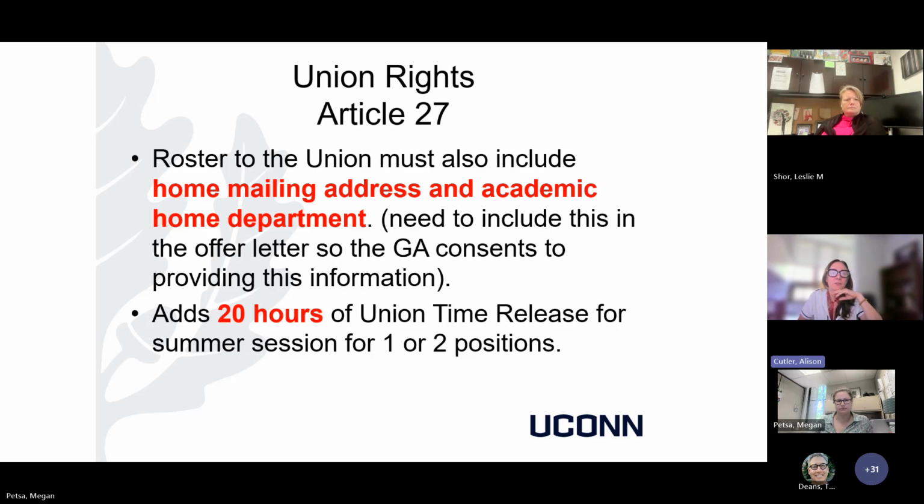One of the things that the union requested, adding to that list, is the GA's home mailing address and that GA's academic home department. So Megan Petza has updated the template offer letters to include that acknowledgement by the GA. So that's some information that we're going to be giving to the union.